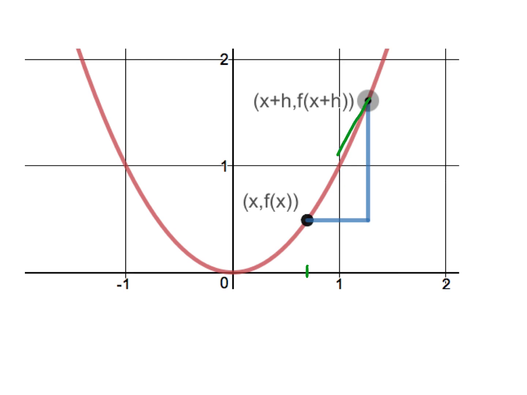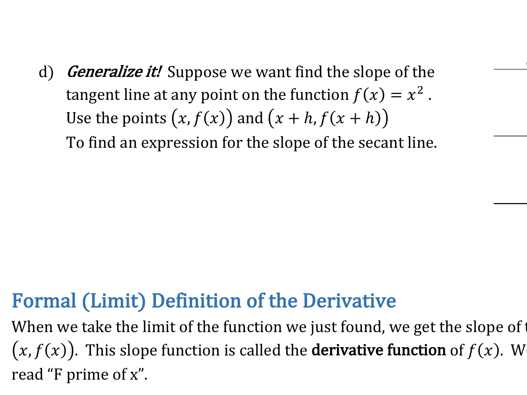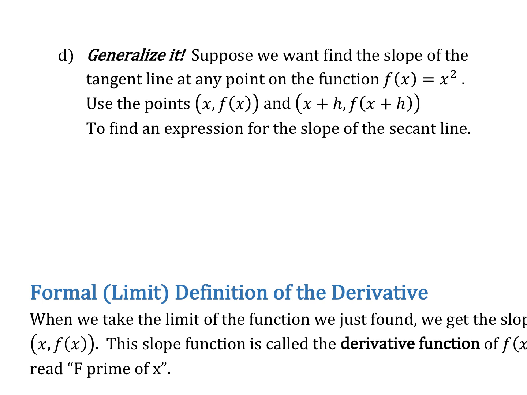But we'll start by looking at this secant line, and we'll see what happens when these 2 points get closer together. What will the slope of this tangent line actually be? That's what we're going for. Let's do the same idea. We're going to call this d of x now because x can be anything.